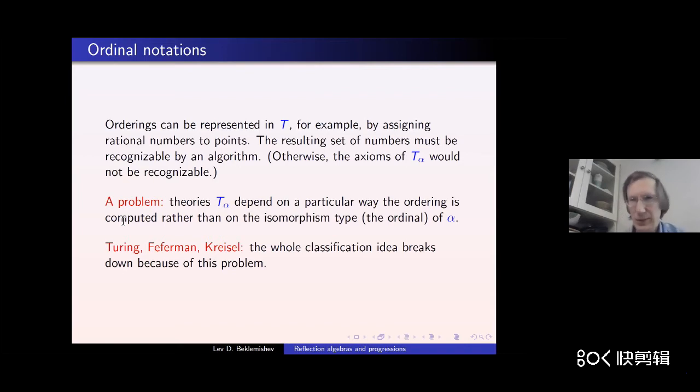Now, consistency assertion is an arithmetical pi1 formula, and in order for it to be so, one needs to have arithmetical representations of ordinals at our disposal, because without having alpha or some notation for alpha or some arithmetical formula defining alpha, we will not be able to even state what it means to say that T alpha is consistent.